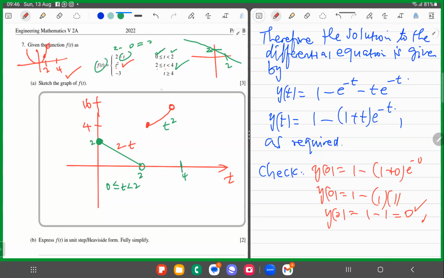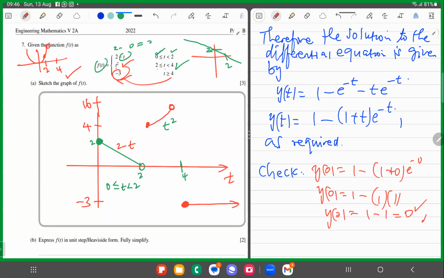Now from t equals 4 here, we have minus 3 and onwards. So when t is 4, then y is minus 3. It goes on and on and on.